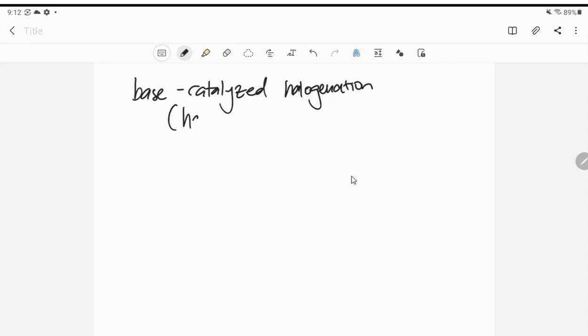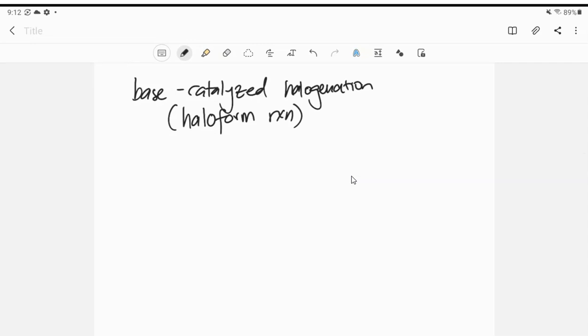Cool. Let's take a look at the base-catalyzed halogenation. And this one we're also going to see is sometimes called the haloform reaction, and we'll see why that is.